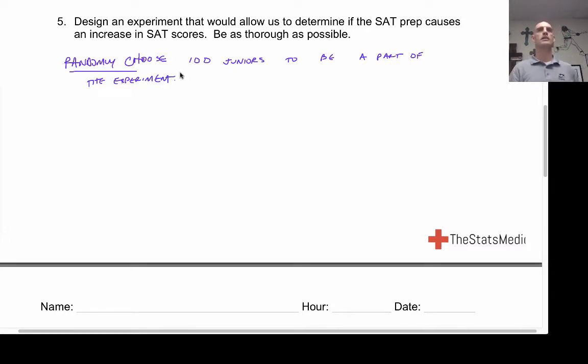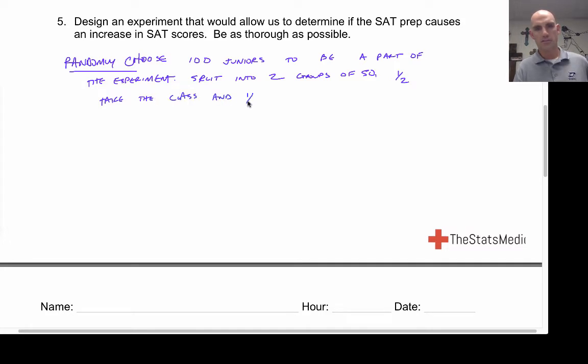You're measuring the effect of the class, so you split them up into two groups of 50. Half take the class, and half do not.